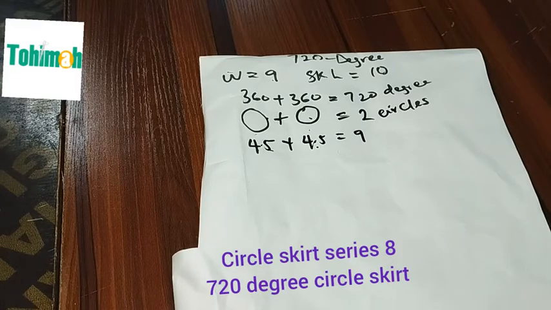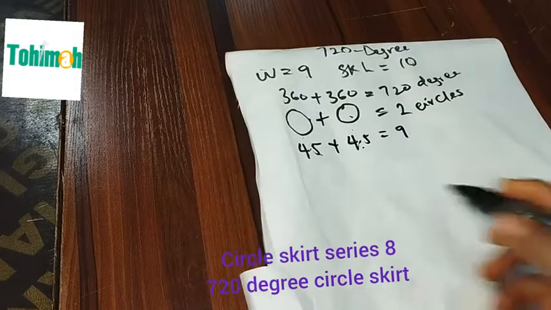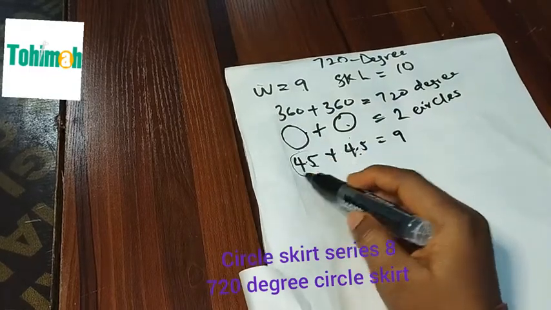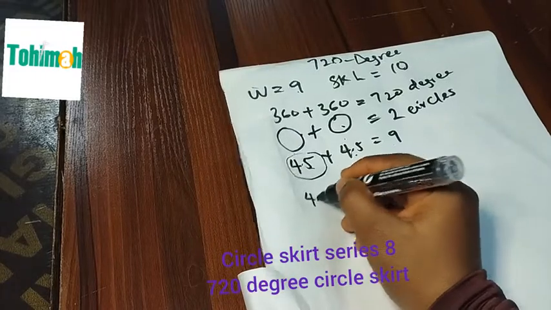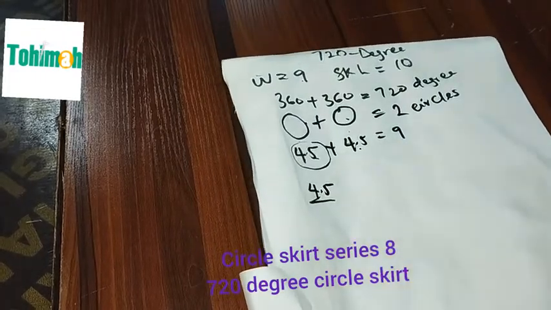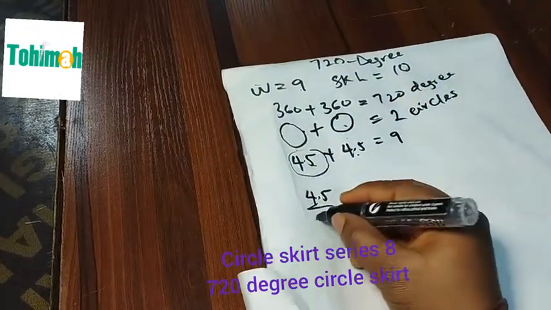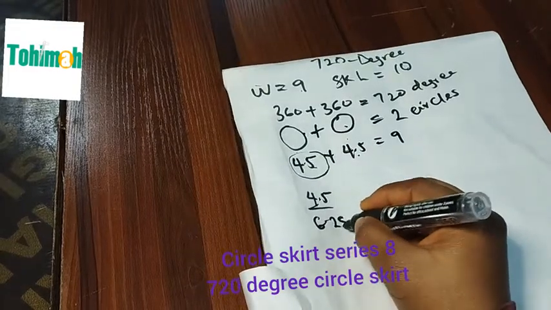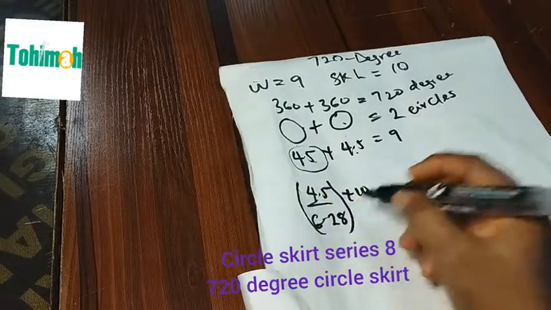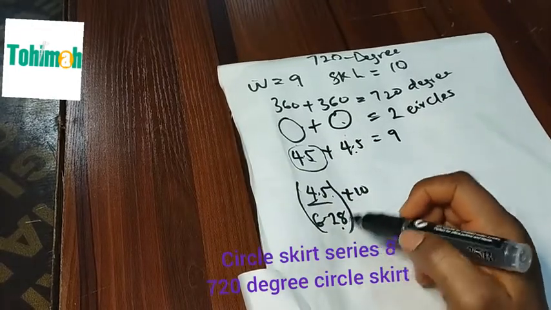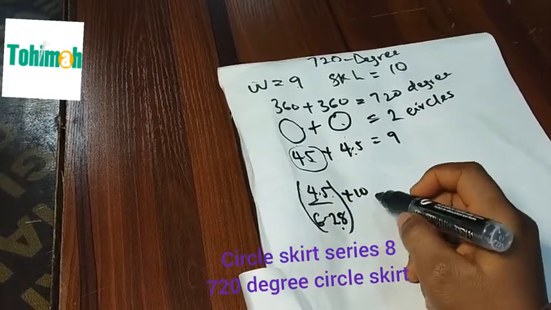Okay, so now let's proceed. This is now going to be our new circumference, 4.5. So we are just going to say 4.5 divided by the regular constant for 360, which is 6.28, plus 10. We are going to do 4.5 divided by 6.28 first, then your answer, you add it to 10.